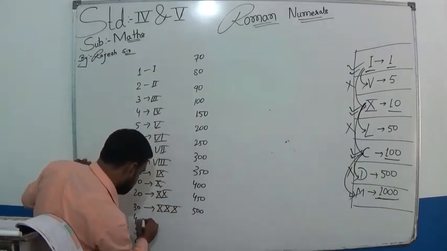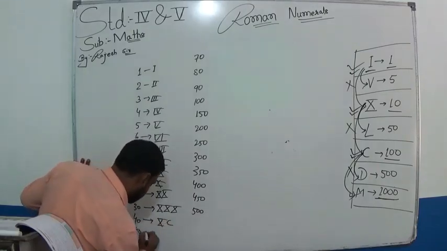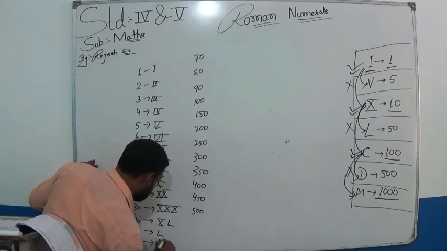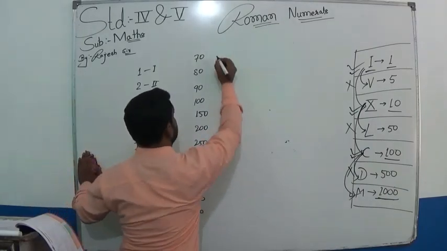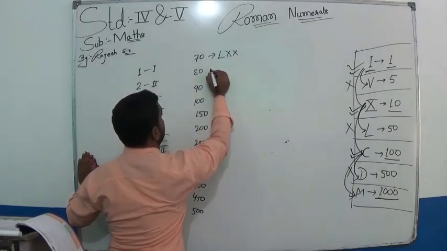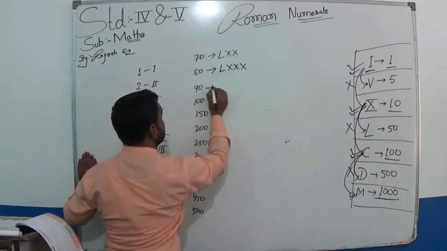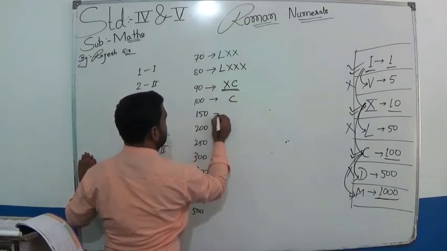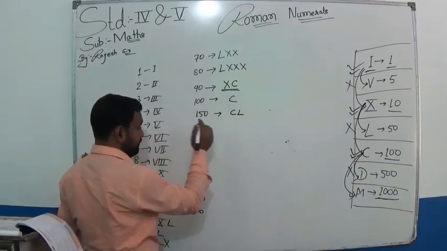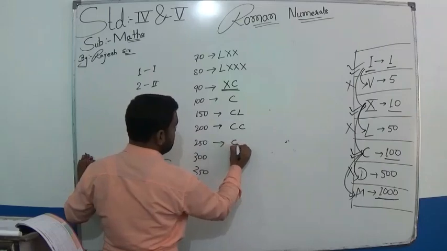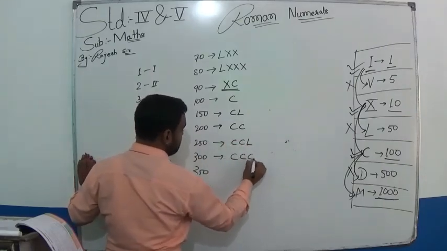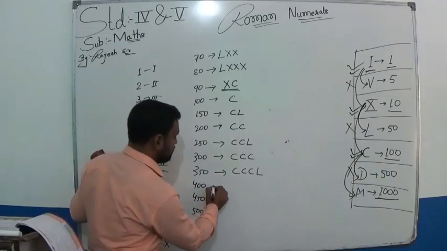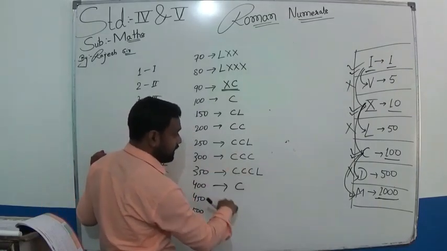20 is XX, 30 is XXX, 40 is XL, 50 is L, 60 is L plus X, that is LX, 70 LXX, 80 LXXX, 90 XC, 100 C, 150 CL, 200 CC, 250 CCL, 300 CCC, 350 CCCL, and 400 is CD.